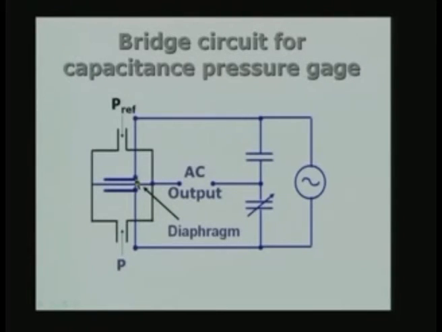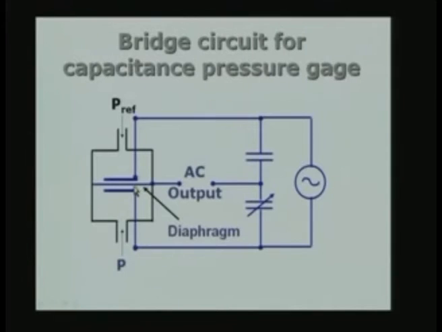Actually, the diaphragm plus the top plate forms one capacitor, the diaphragm and the lower plate forms the second capacitor. There are in fact two capacitances here. One of them is subjected to the reference pressure on one side, and on the other side of the other capacitance we have the higher or lower pressure which we want to measure.